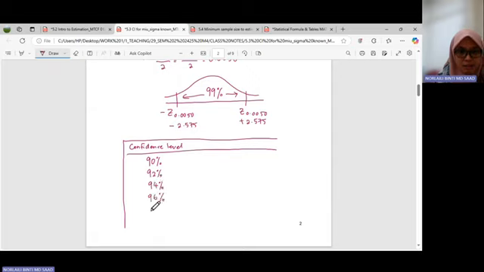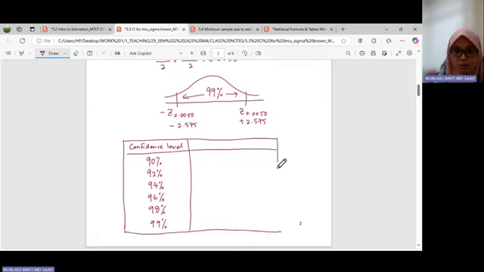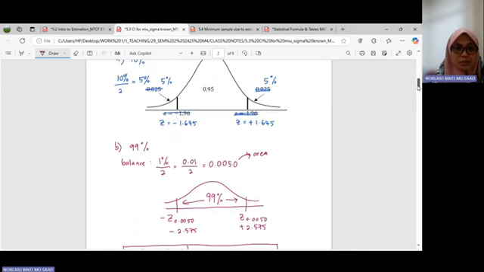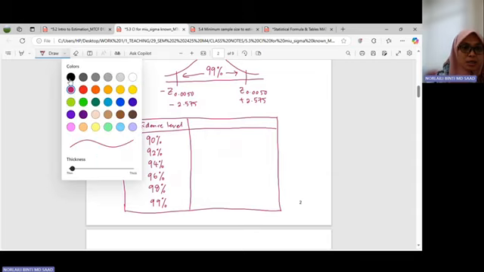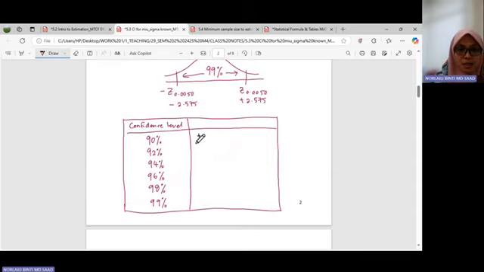And then you can also try 98% and 99%, and then you can find the Z values for these confidence levels. For example, just now we already calculated for 90%, so you may put the value here. It is plus minus 1.645. So this is the value for Z alpha divided by 2.